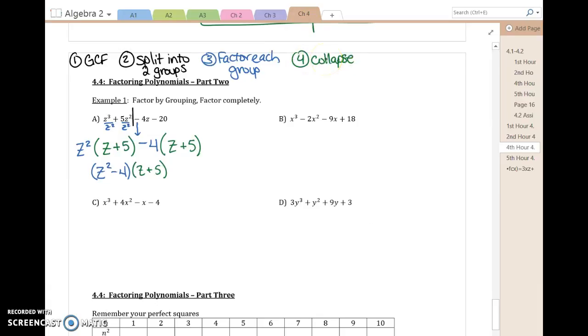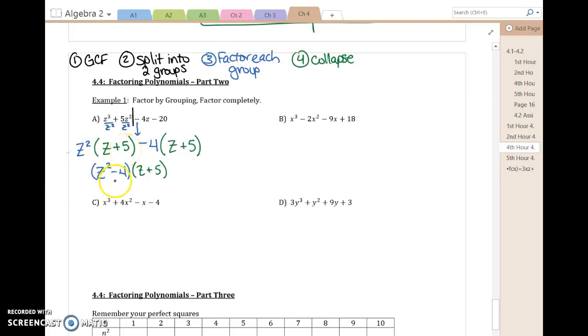A question I commonly get at this point is, where did the other z plus 5 go? Or do we need a square on the z plus 5 because there's 2 of them? There actually aren't 2 of them. If we were to take z squared minus 4 times z plus 5 and multiply it out, we would do z squared times both of these. That's what's written here.